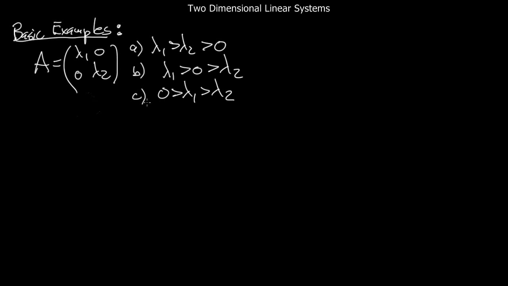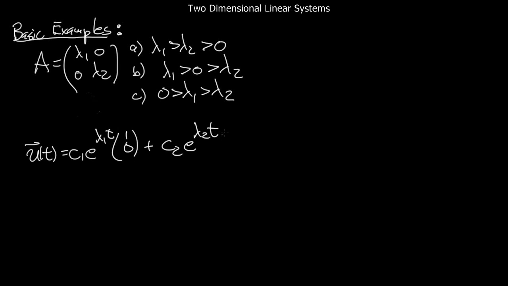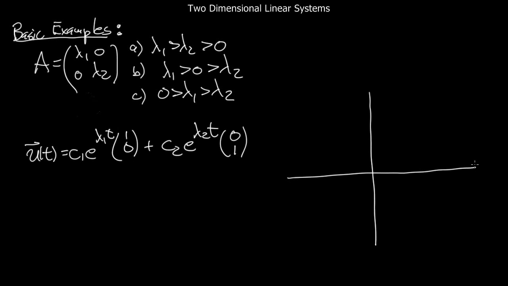So lambda 1 is bigger than lambda 2. So let's look at some of these examples. The solution is going to be, as I said, e to the lambda 1 t times (1, 0), and then a constant times e to the lambda 2 t times (0, 1). So let's graph these and see what it looks like.